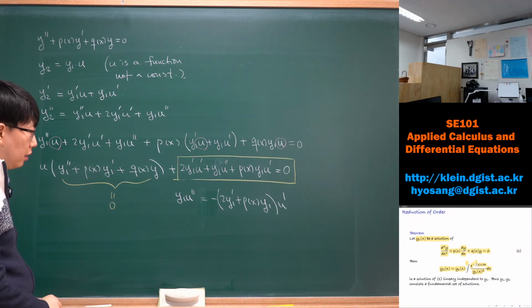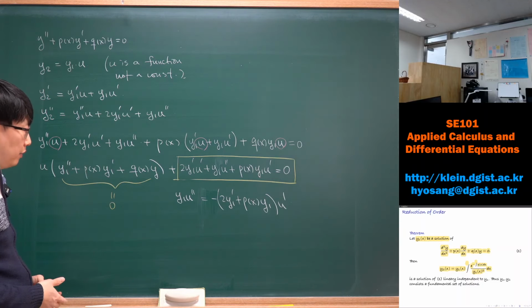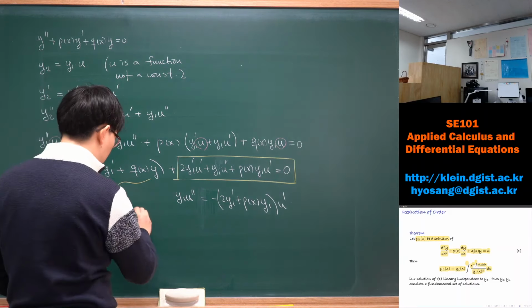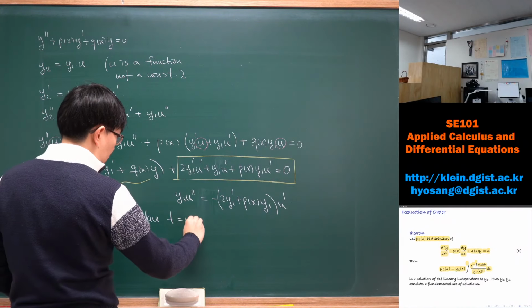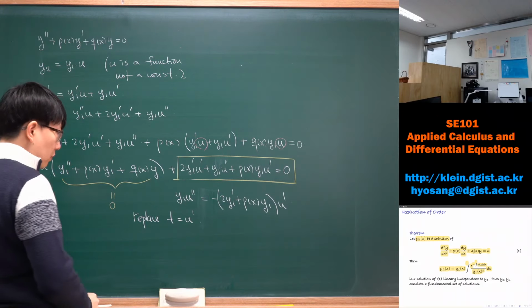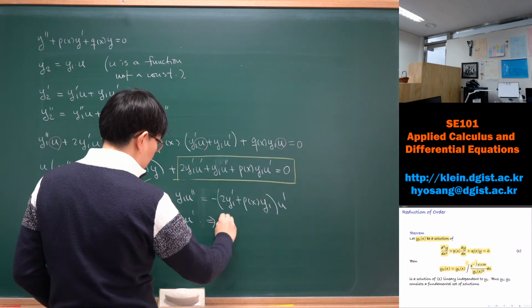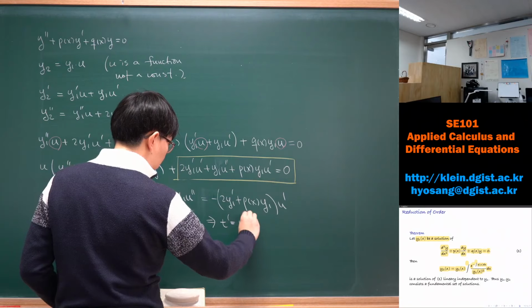And you see, it almost seems like separation of variables if you replace u' with t. Then t' is u''.